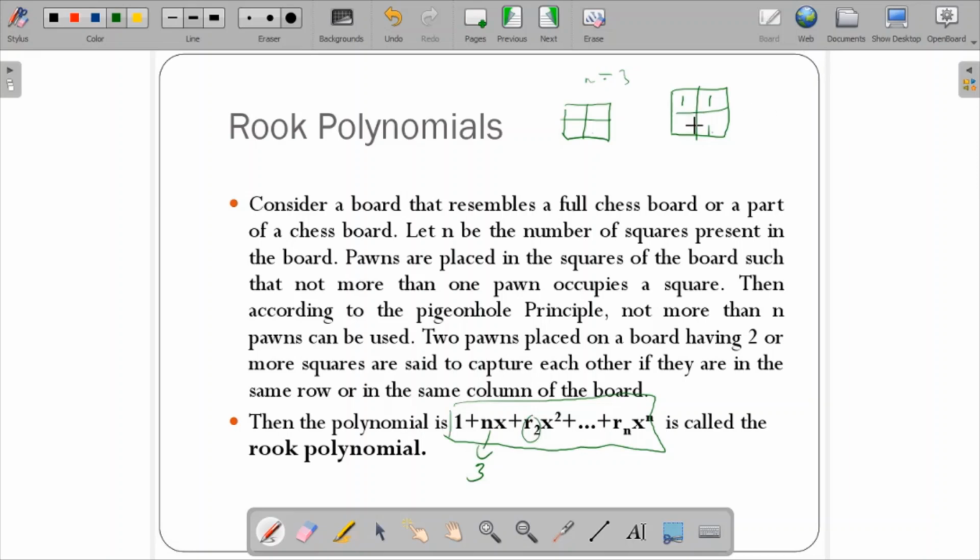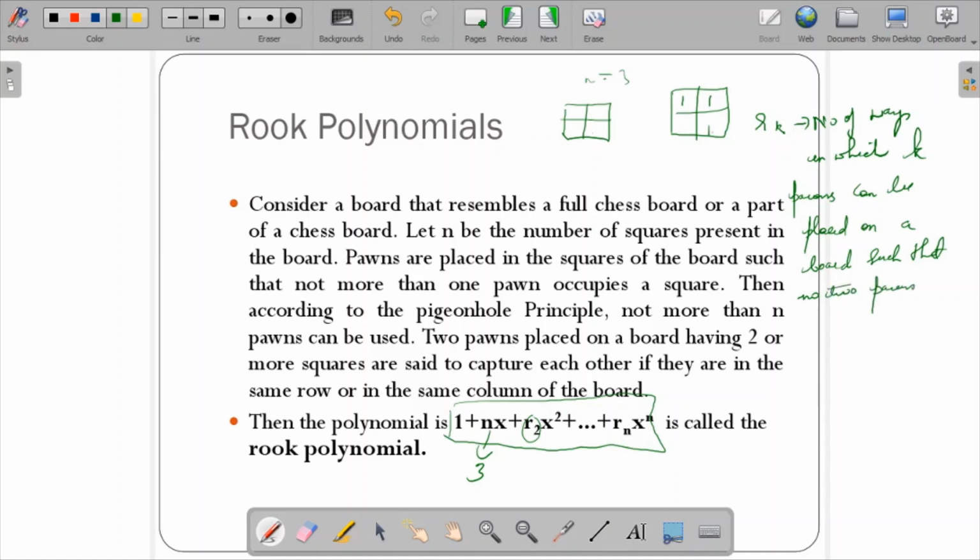What they have defined is that R2, or in general Rk, is the number of ways in which k pawns can be placed on a board such that no two pawns capture each other. That is, no two pawns are in the same row.